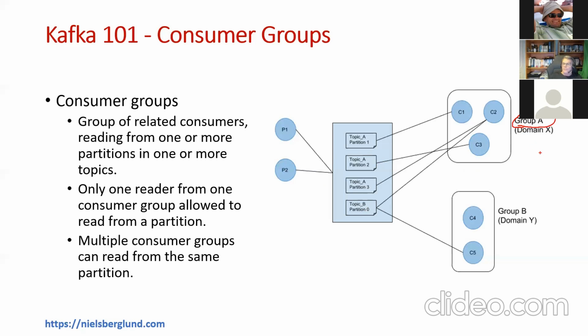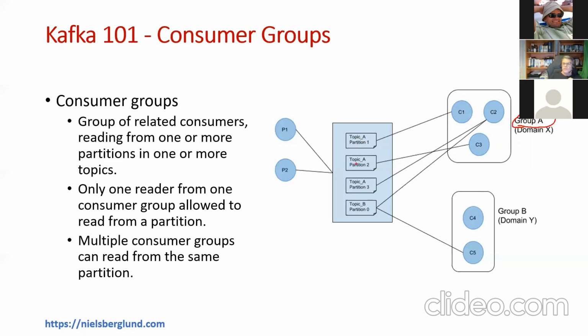Let's say that within this group we have 3 executables: C1, C2, C3, all having the name group A. C1 reads from partition 1 of topic A. No one else from this group can read from that partition.